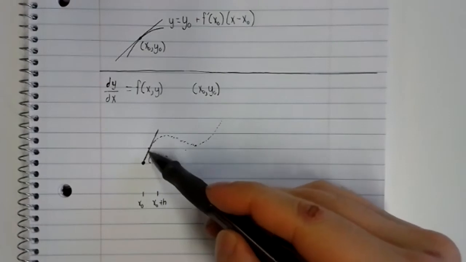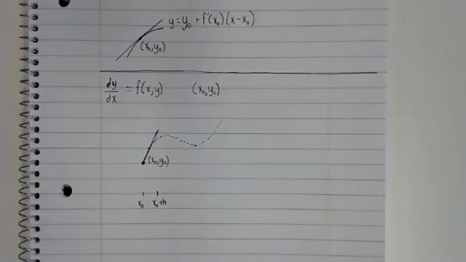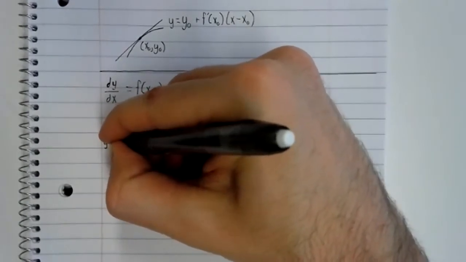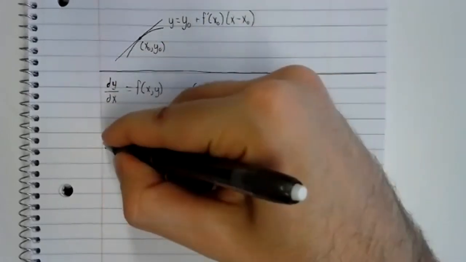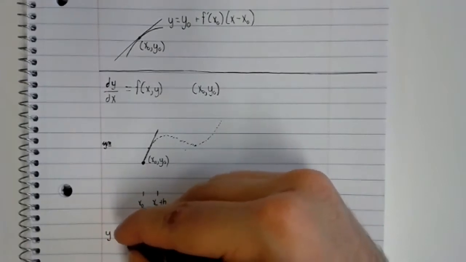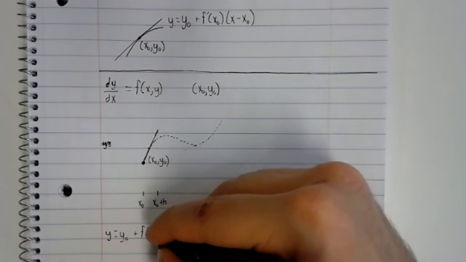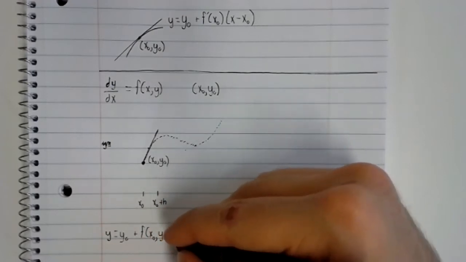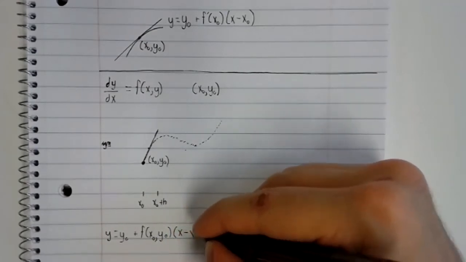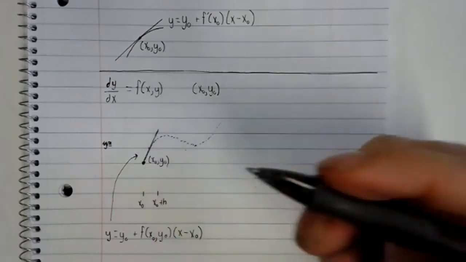So, what's the equation of this line? y equals y sub 0 plus f of x sub 0, y sub 0 times x minus x sub 0.